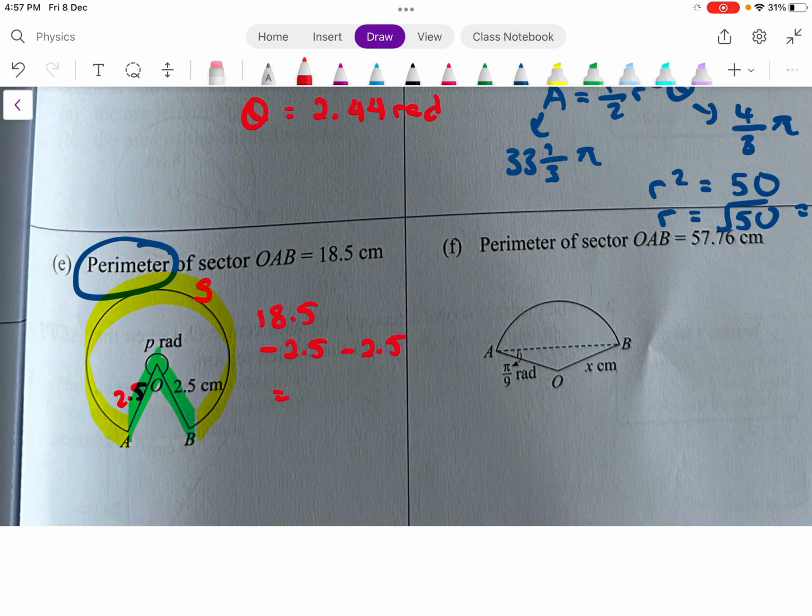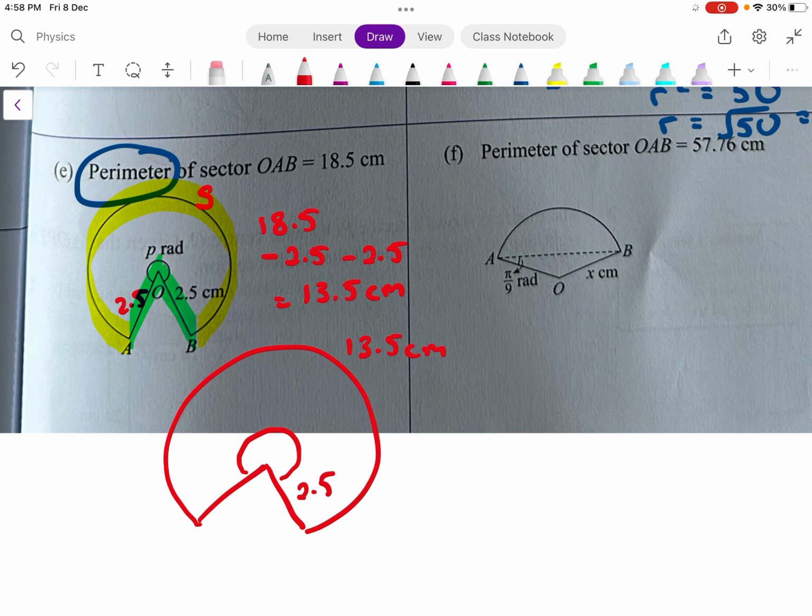So, can I draw here first? Okay, so this is the Pac-Man, 13.5 cm. So this is the angle that I want. And then what's the radius of this so-called circle? It's about 2.5. So I got S, I got radius. So what I want to find is theta.